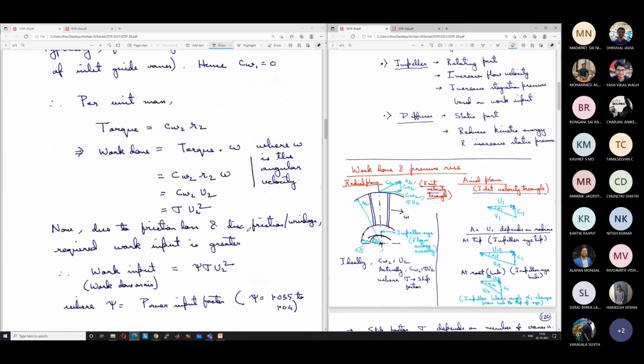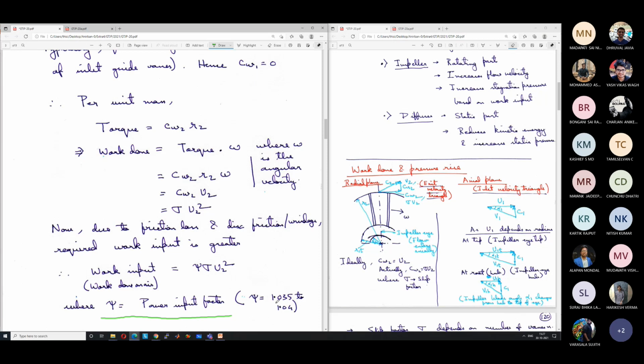So in the actual case, instead of providing sigma into U2 square work, we will need to provide a work which is slightly greater than sigma into U2 square. We will call this extra factor the power input factor, psi, which has a value slightly greater than 1.